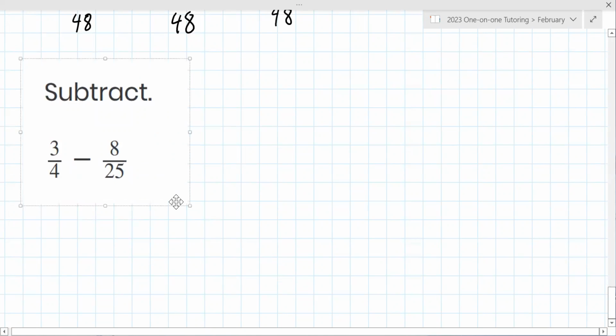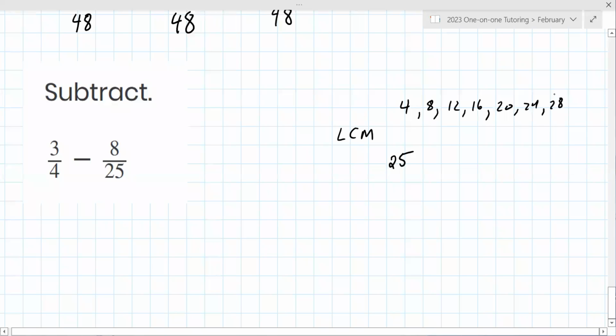All right, so here's a new problem for us to look at. Notice if we were to find the least common multiple between 4 and 25, we have to write a lot of numbers on the top just to get up to 25. Do you see that?